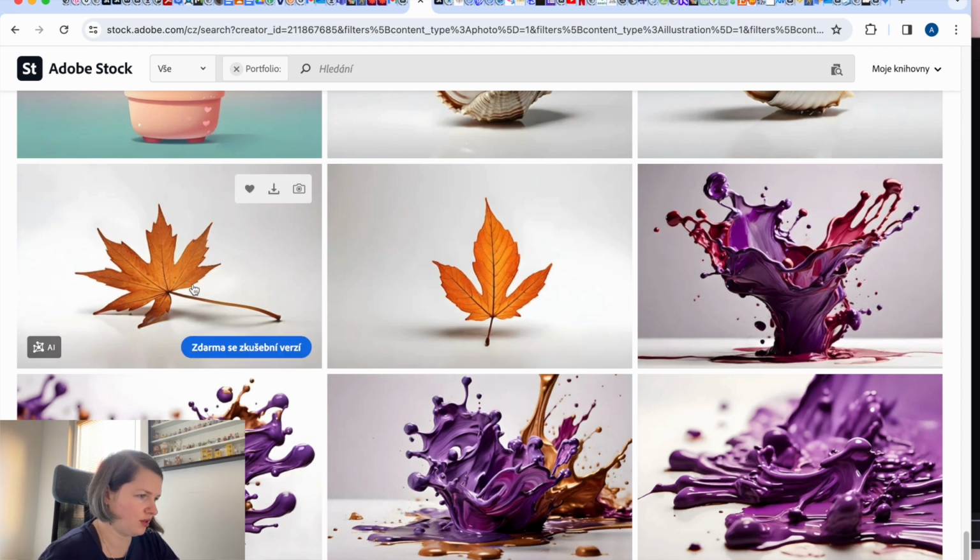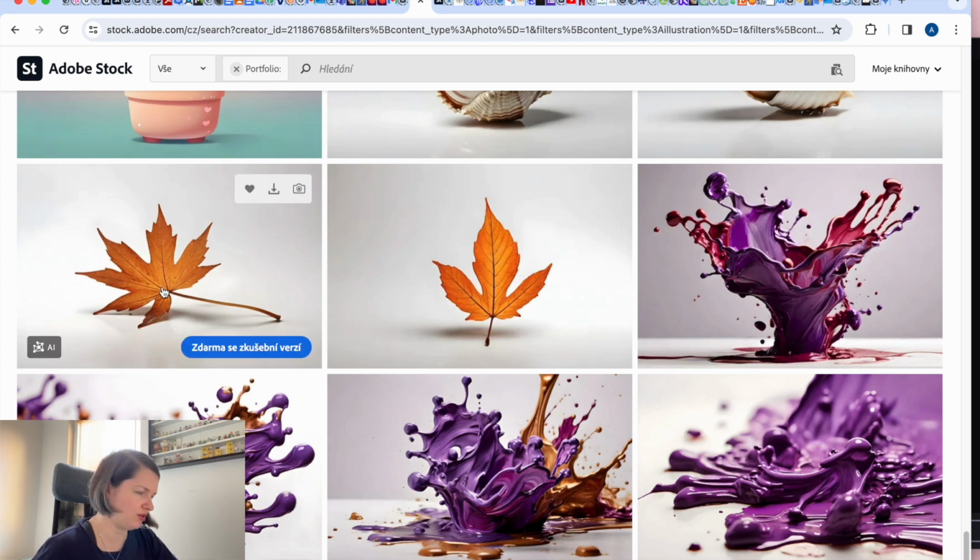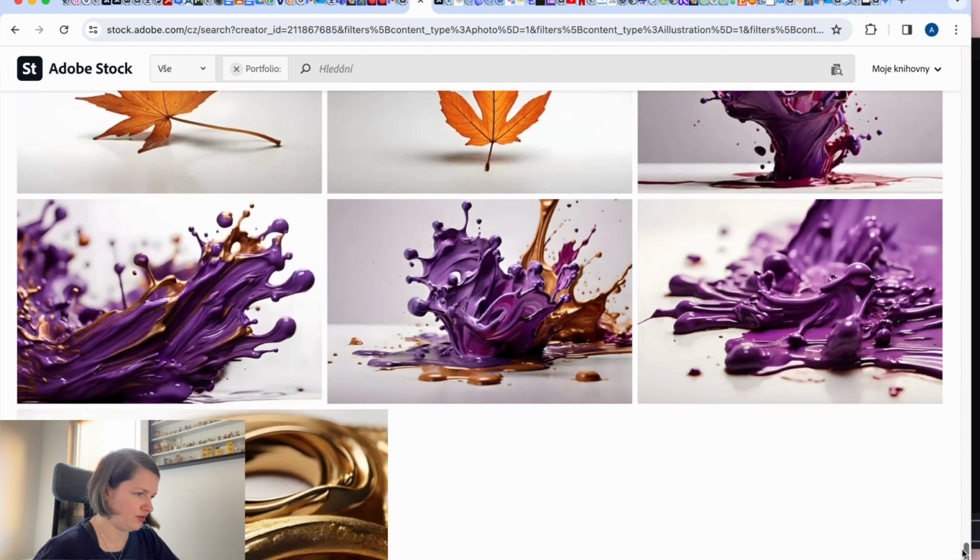The single leaf, if you do a single item, do it on a white isolated background. This is kind of a dirty grayish, and we don't want that. And also the leaves look a little bit sad. We can for sure generate prettier looking leaves.